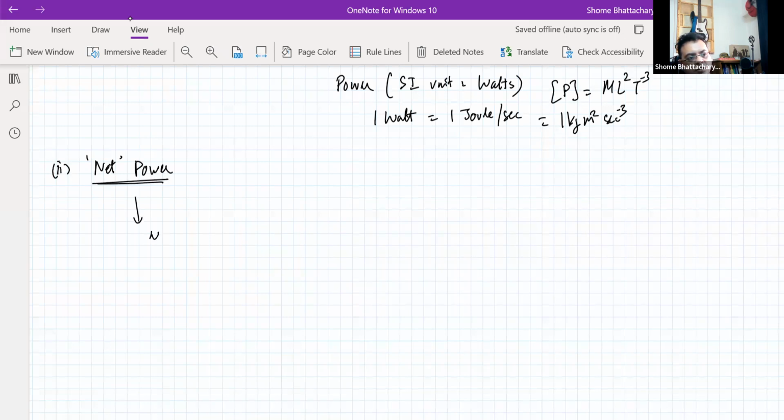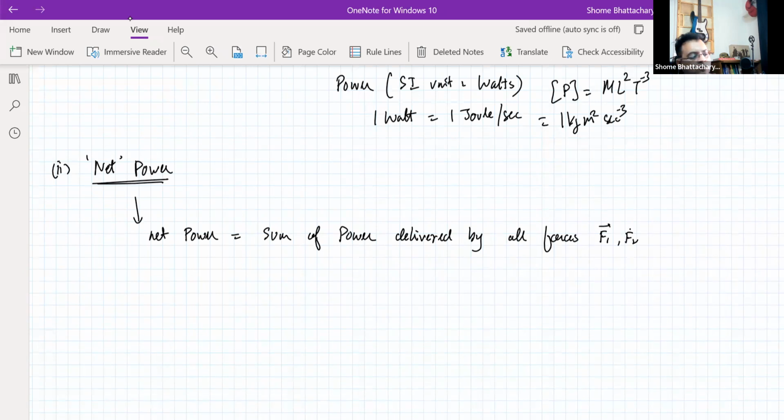So this net power is the sum of power delivered by all forces, let's say F1, F2, up to n number of forces acting on a given body, let's say of mass m.